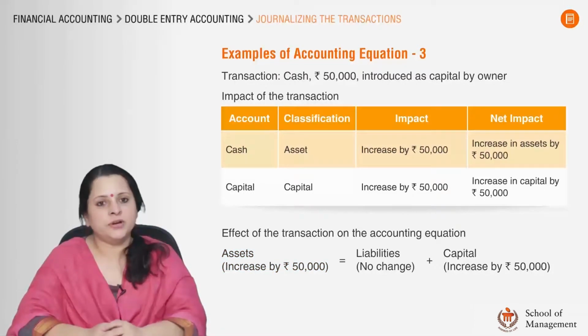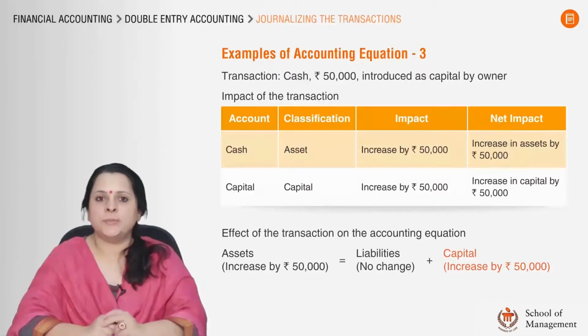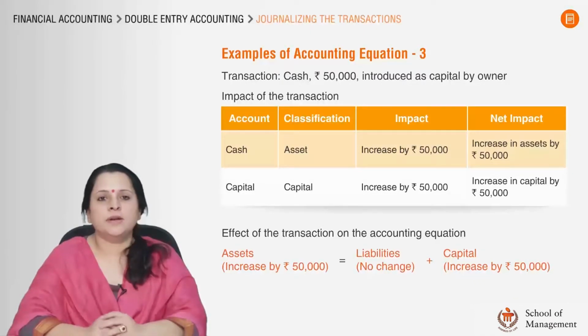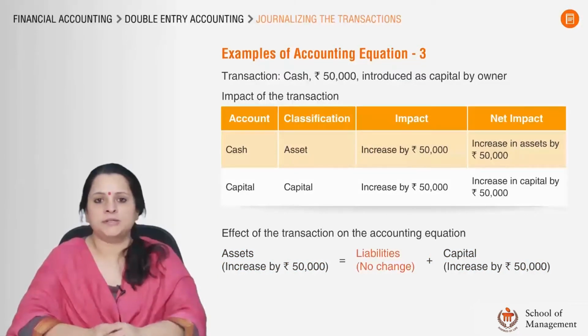On the right side, capital will also increase by rupees 50,000 indicating additional capital brought into the business. As the left side and the right side increase by the same amount, that is rupees 50,000, the accounting equation will balance. So, in this case, there will be no impact on liabilities.